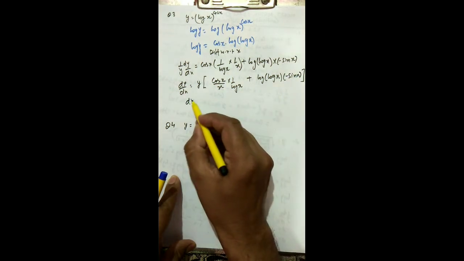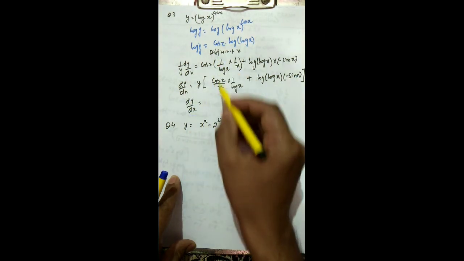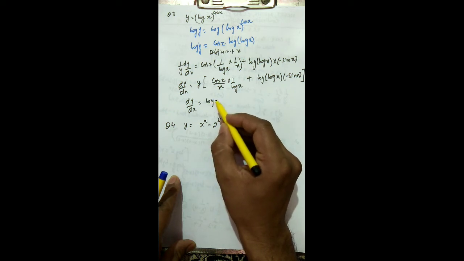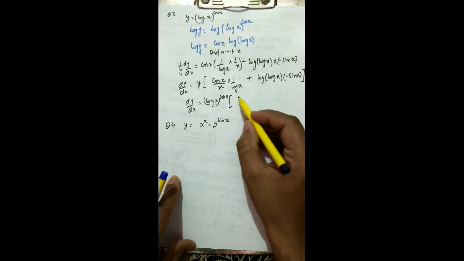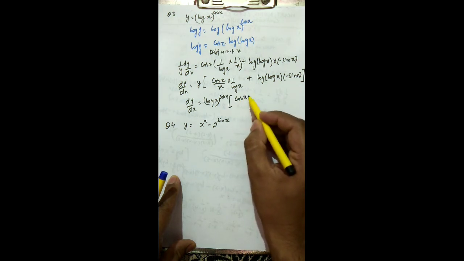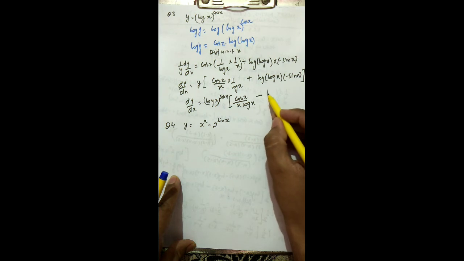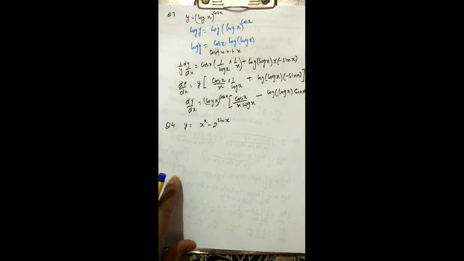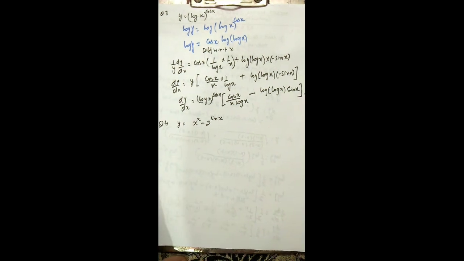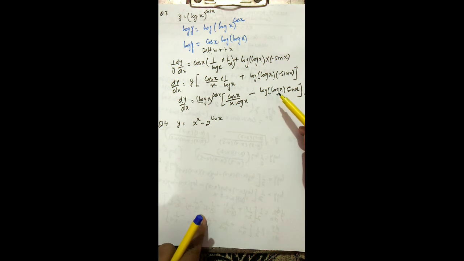Finally, substitute the value of y, which was log x to the power cos x, and in the bracket you can write cos x upon x log x minus log log x sin x. So this is your final answer.